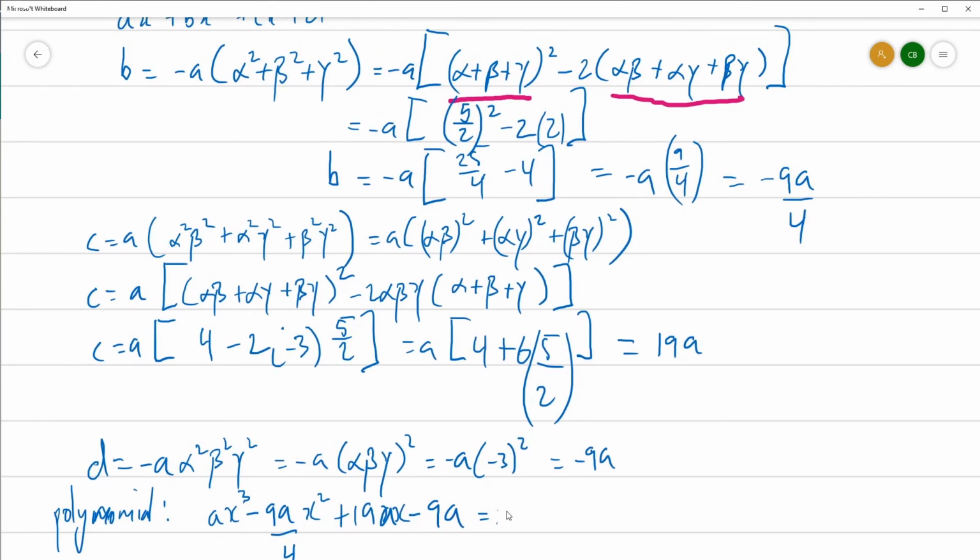So that is a times x cubed minus 9 over 4 x squared plus 19x minus 9. So this is the polynomial that would have your roots as being alpha squared, beta squared, and gamma squared. Now, so what about this a?